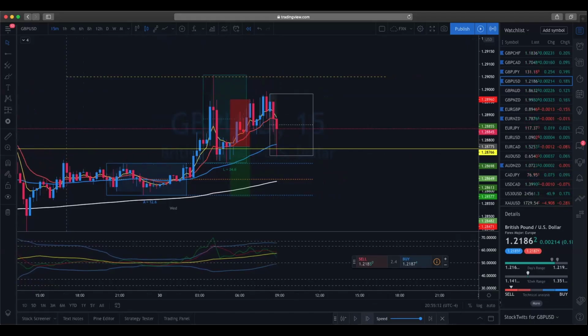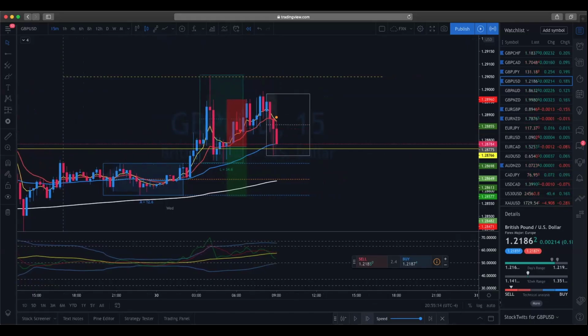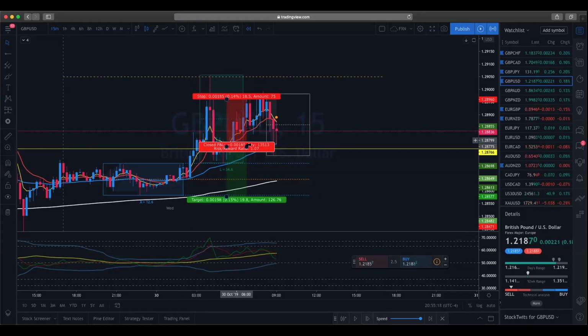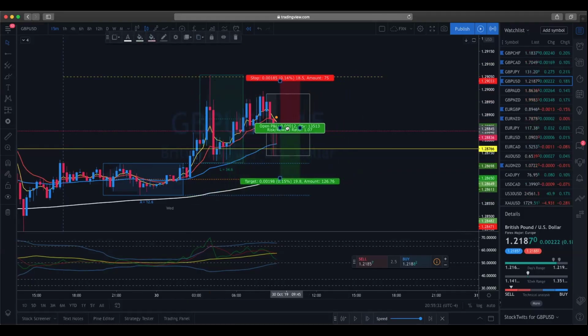So what happens here? You got a first leg here, pins all the way to yesterday's high, comes up with a second leg right here. Do you see that? Now, is there a possible trade here?